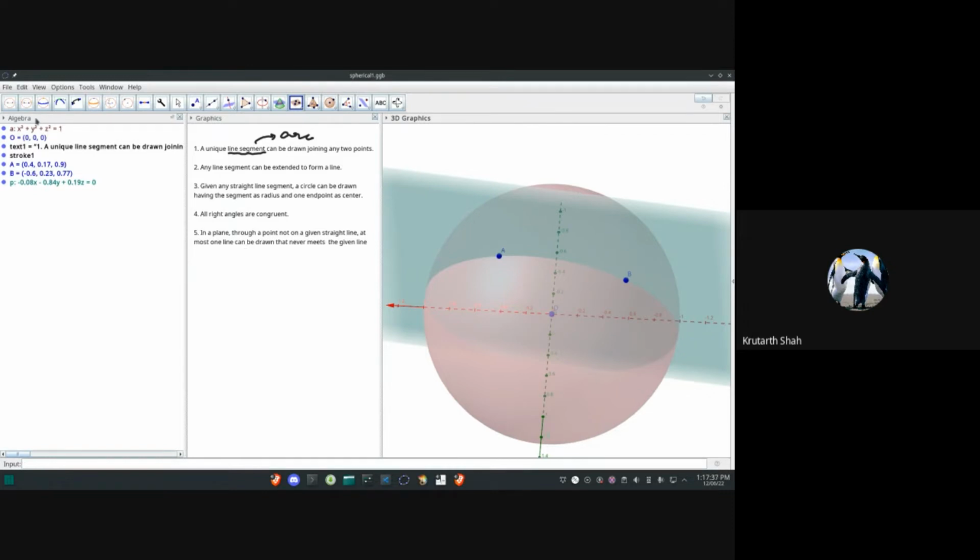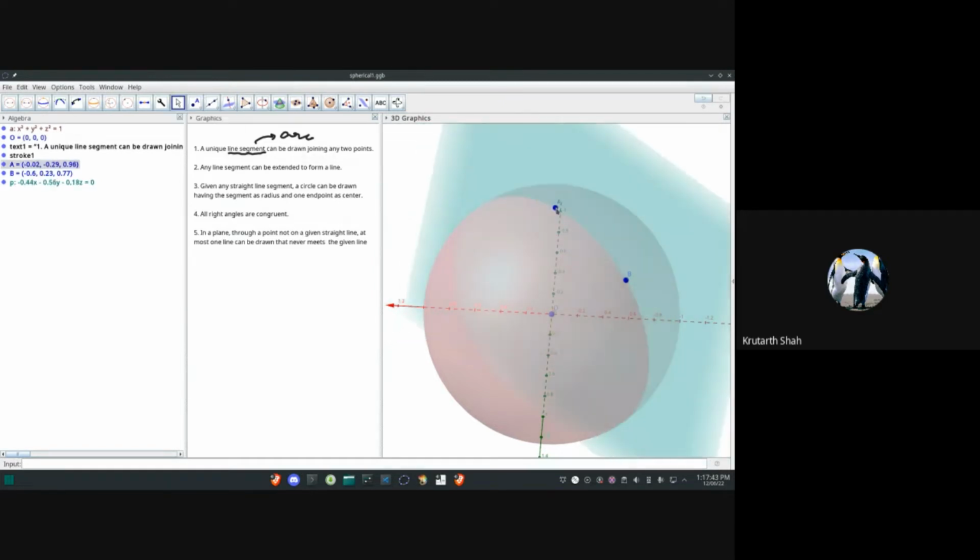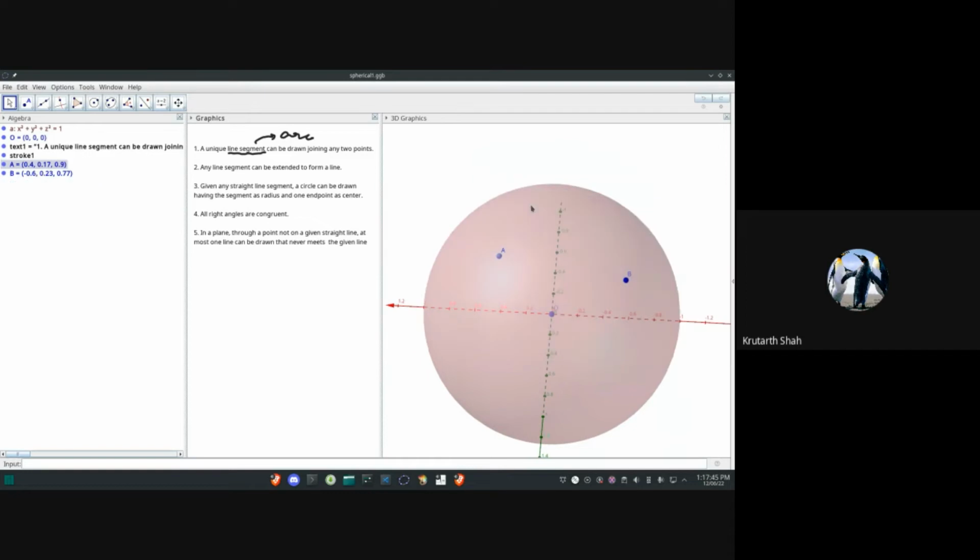But what if these three points are collinear? What would happen then? Just a second. If I took, let's say, a point A and its antipode, these three points will become collinear.